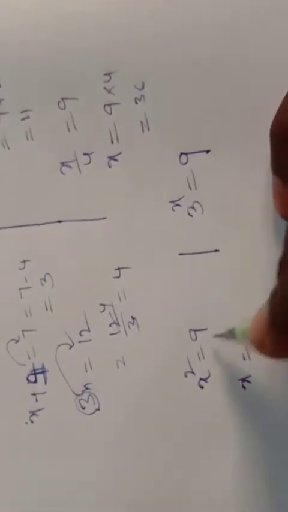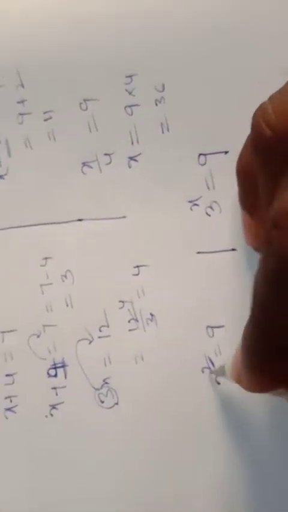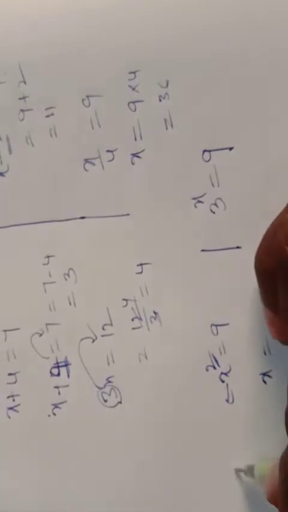Here power 2, here x is called base, here 2 is called power, exponent or index.